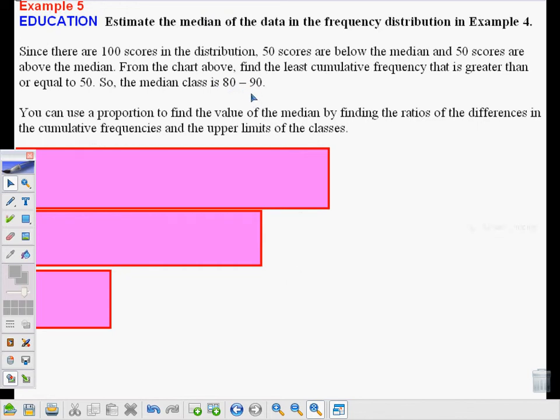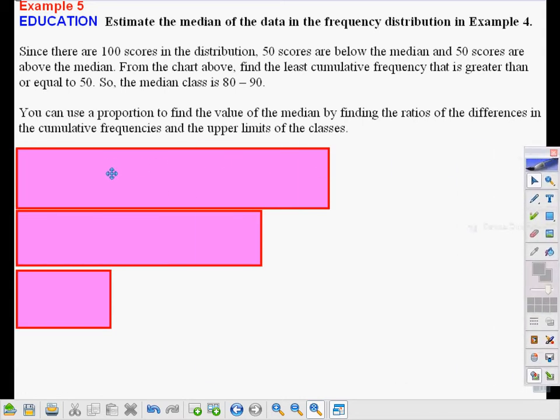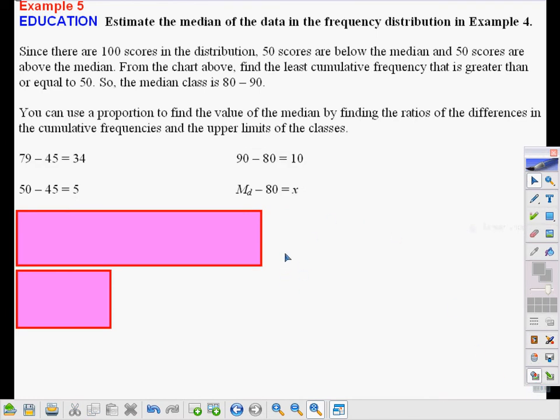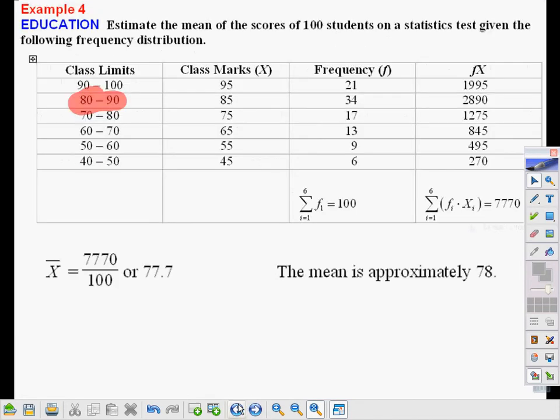Now we're going to use some proportions to find what we approximate this down to, a little bit more specific than just the class, okay? And this is how we set it up, all right? Now, I know at the top of that class limit, I've got 79 values from that class limit and below.